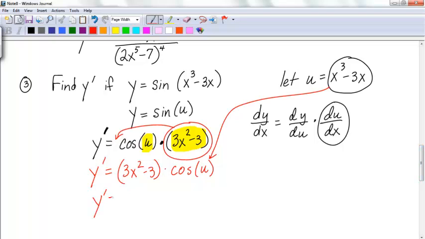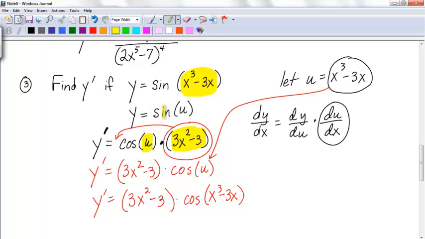So our y prime final answer is the quantity 3x squared minus 3 times the cosine of the angle x cubed minus 3x. So when you do this, you say let u equal whatever that quantity is. Then figure on your card what's the derivative of sine. It's cosine. The angle stays the same. Then it's times the derivative of the angle. And then move that coefficient out front. Everybody okay on that one?